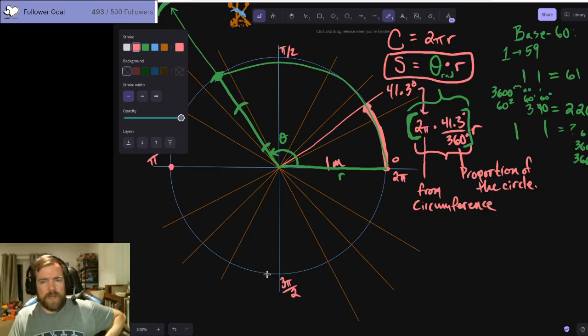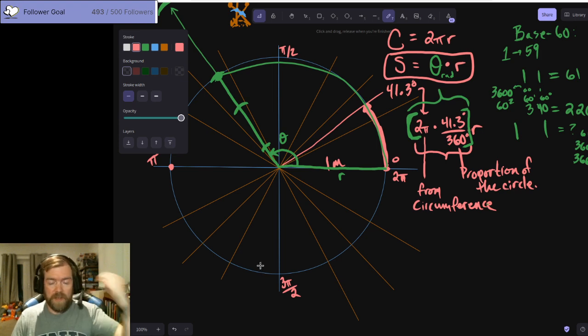And in this way, we can split all of this up by basically counting our individual units that we're using to break up the circle.